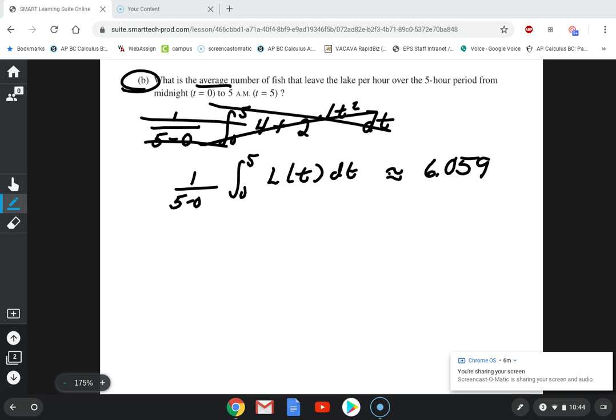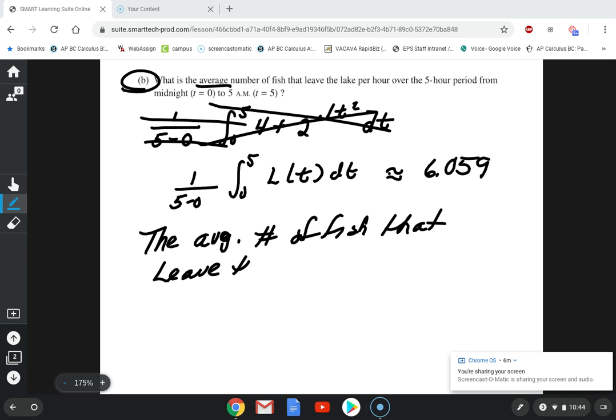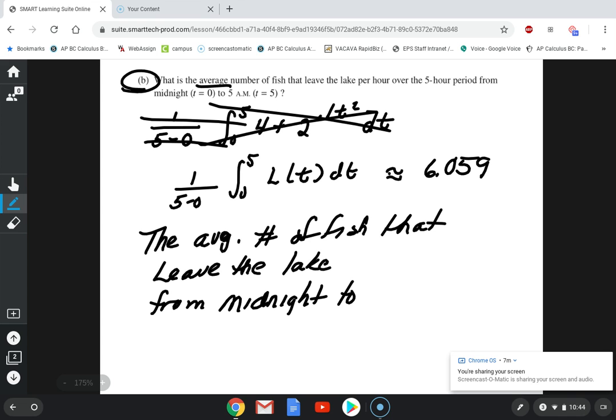And so, again using the words, the average number of fish that leave the lake from midnight to 5 a.m. is 6.059 fish per hour.